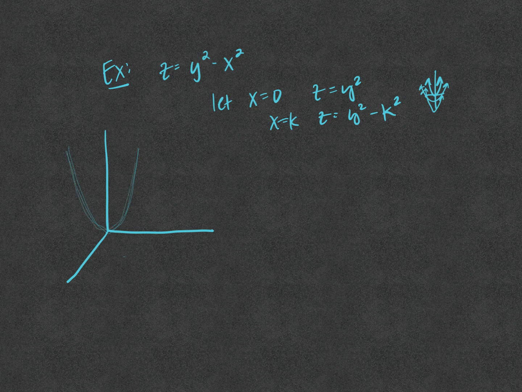I'm going to use lots of colors here. And then the second parabola would be, if you think about it, moving down 1, that means it intersects the axis at -1 and +1. So if this is y and this is z, it would hit over here at -1 and over here at +1.